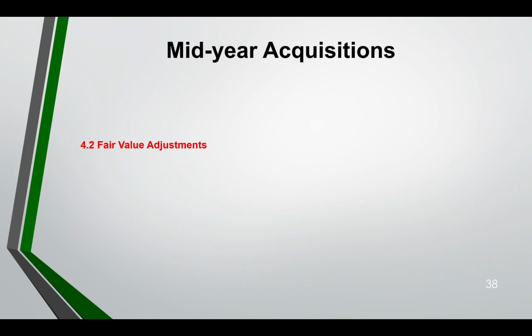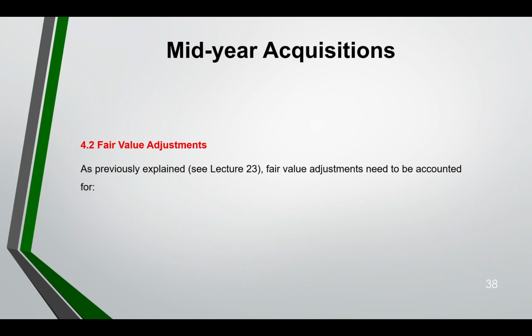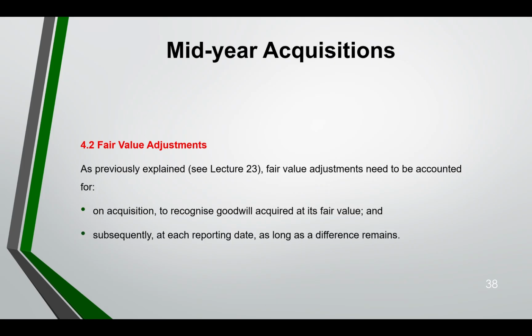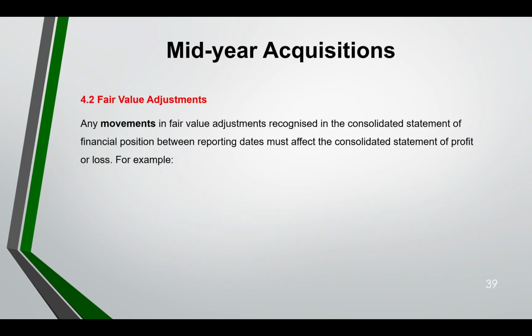Now, next, fair value adjustments. As previously explained, fair value adjustment you have to account for on acquisition to recognize goodwill, acquired at its fair value and subsequently at each reporting date as long as the difference remains. Any movement in your fair value recognized in your statement of financial position between the reporting dates must affect your statement of profit and loss.